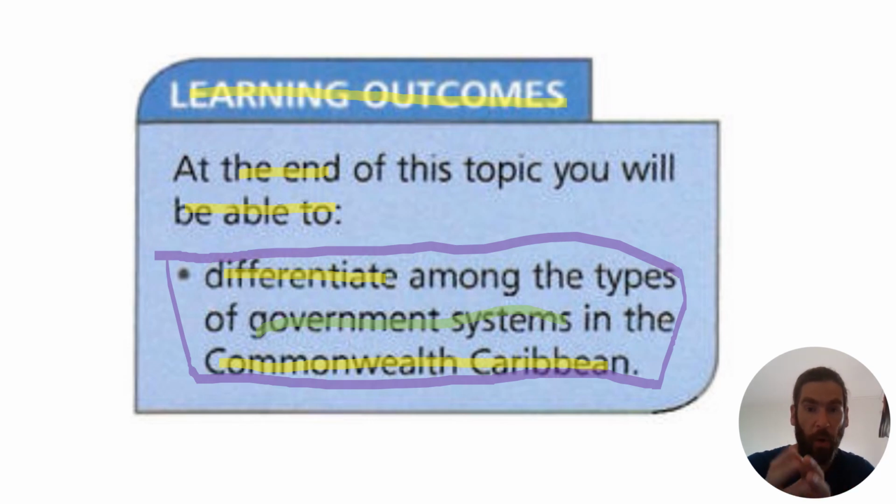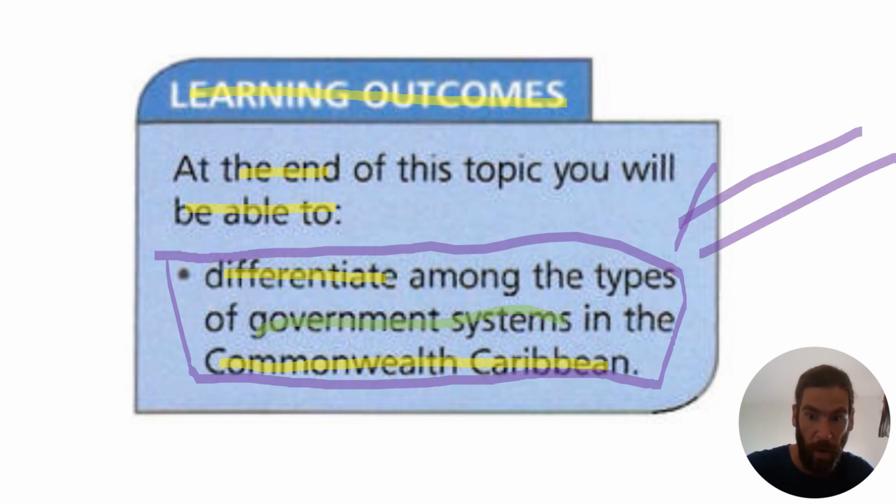So we're mainly going to look at the English Caribbean, but I'm also going to look at Curacao, and we're going to start a little bit with looking at, okay, what kind of government do we have here on the island of Curacao? But the main topic of this paragraph is differentiate among the types of government system in the Commonwealth Caribbean, and keep in mind the learning verb, differentiate.